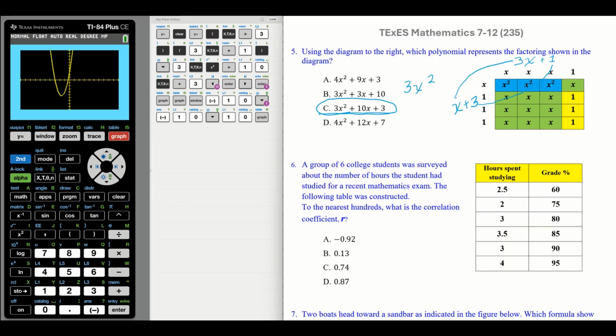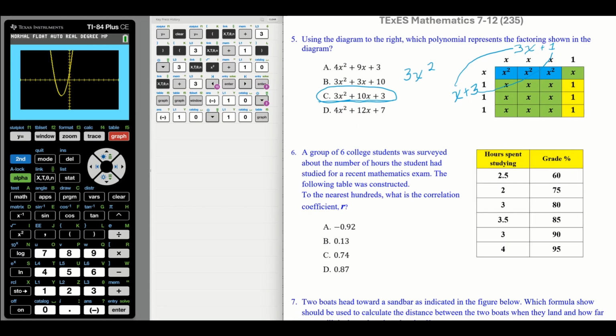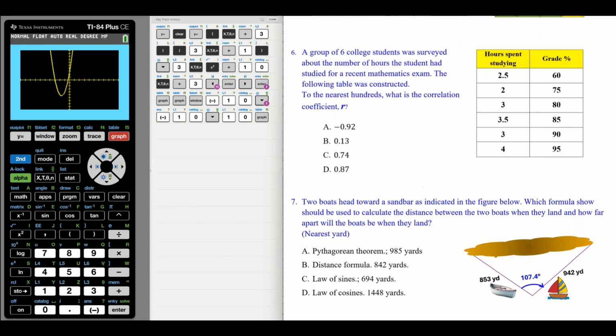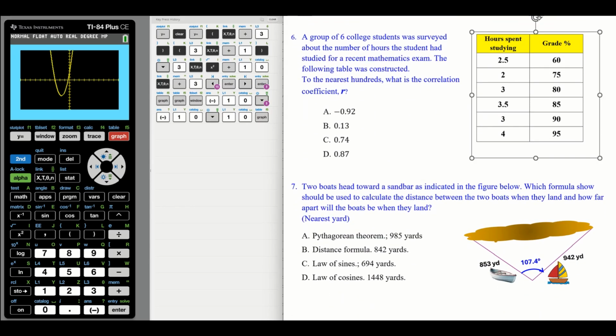Okay, now let's do this next one. Okay, here, if I can get it to go up. There it goes. What we're going to do here with our table is all this in our calculator. I can already see it. Okay, a group of 6 college students was surveyed about the number of hours the student had studied for a recent mathematics exam.